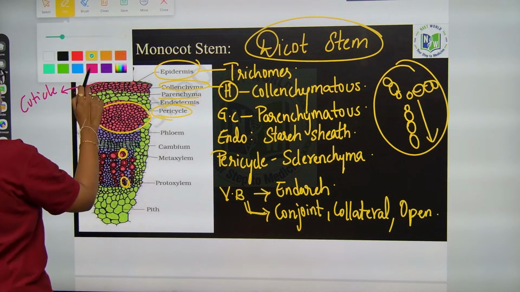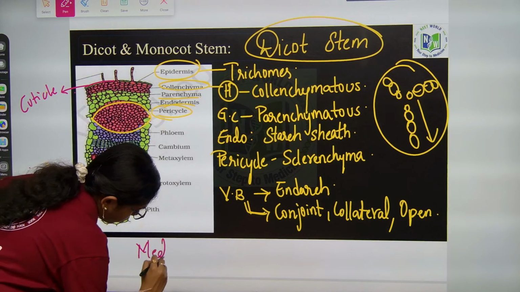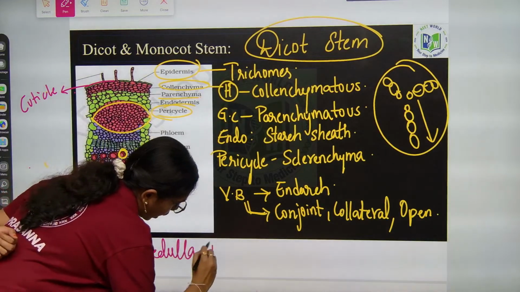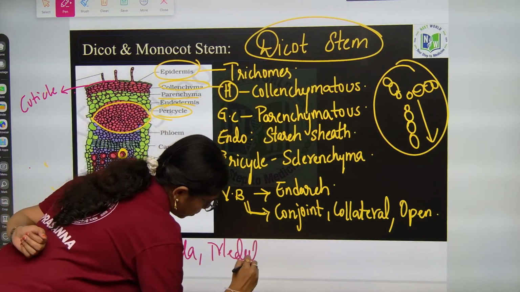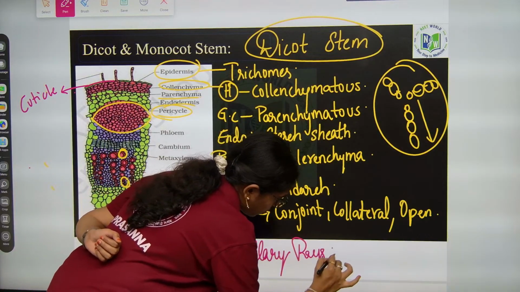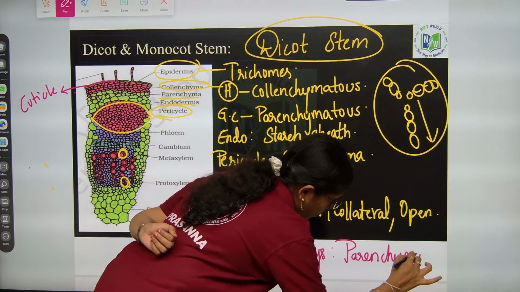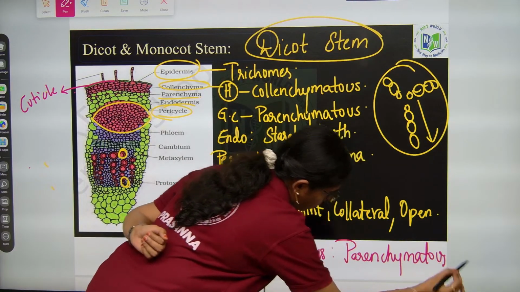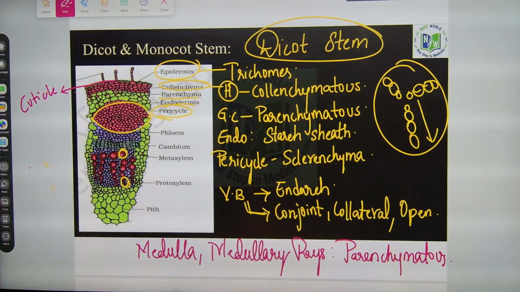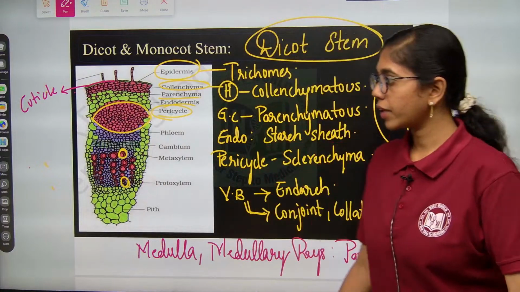Fine. Medulla and medullary rays are parenchymatous. Take down. Medulla and medullary rays are parenchymatous. Clear, right? Any doubt anywhere?